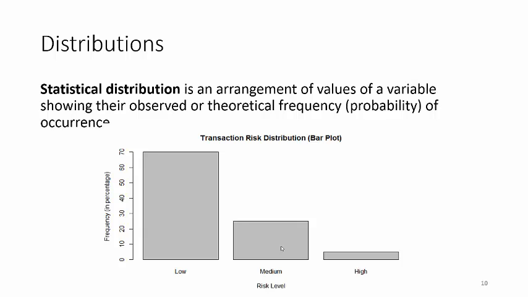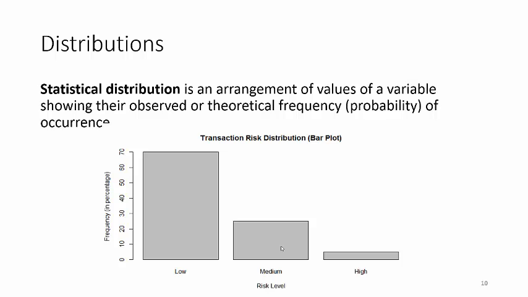This case is an example of observed frequency, which means you have data, observations, and based on the observations, you can construct a distribution. In the future, we will talk about some theoretical frequency or theoretical probabilities. The theoretical frequency is the frequency that we expect or model or that we want to compare.